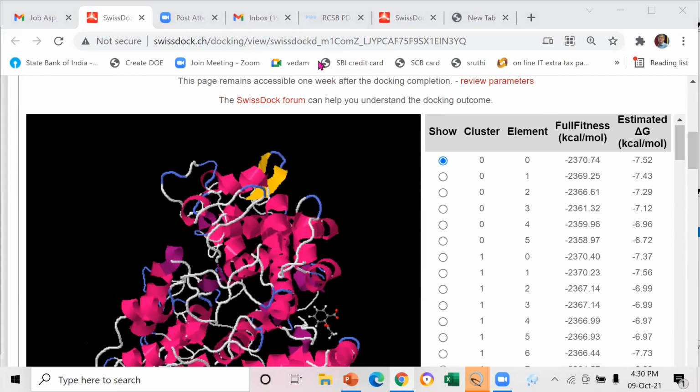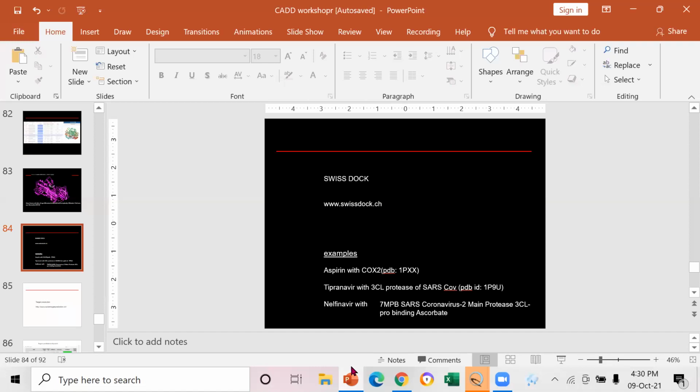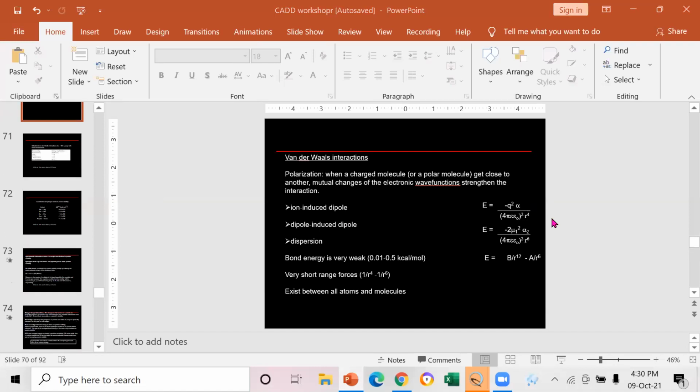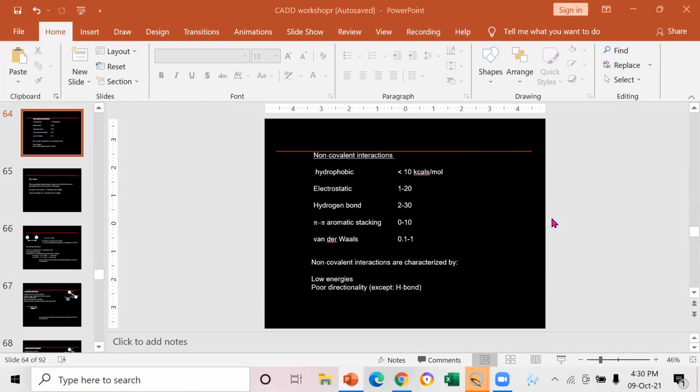One of the participants is asking about the difference between the docking score, docking affinity, and docking energy. Each software's numbers will be different. Because, as I showed you first, if you remember, there are many non-bonded interaction terms, right?